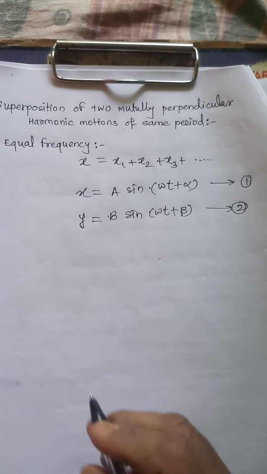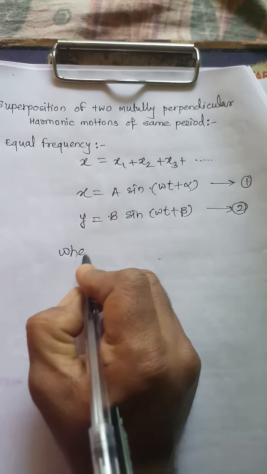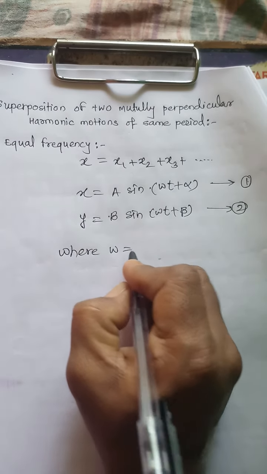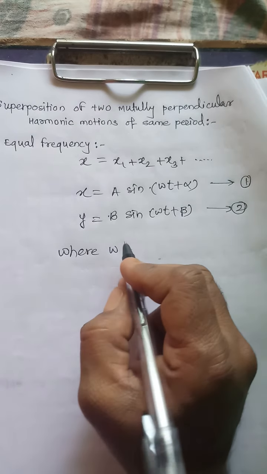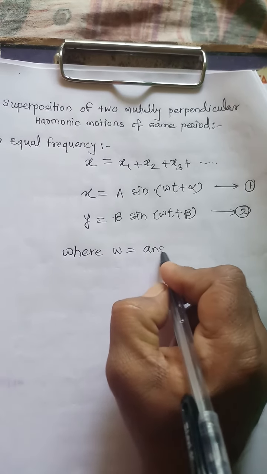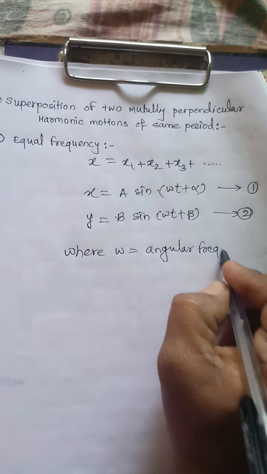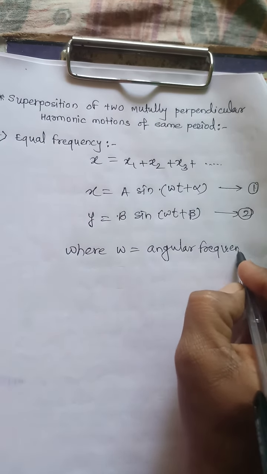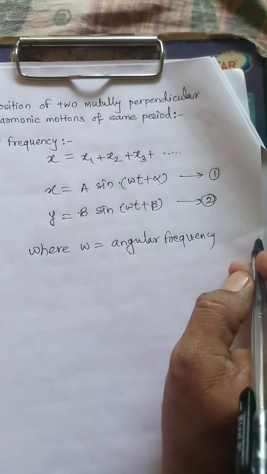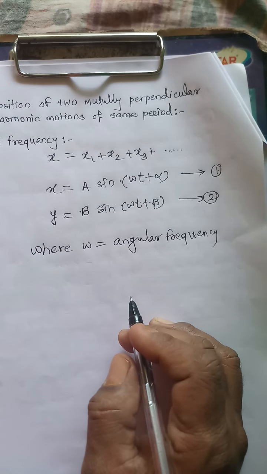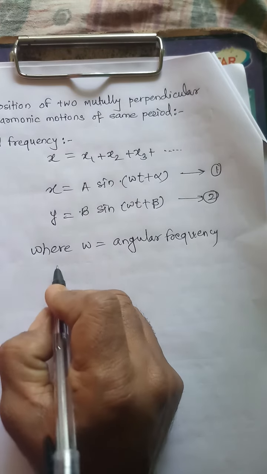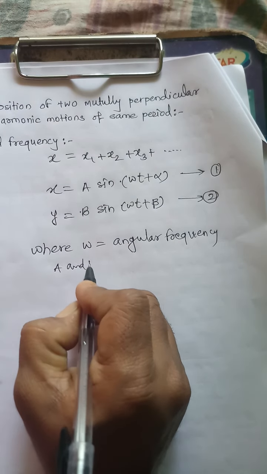where omega, what is omega? Small omega is the angular frequency. And A and B, what are A and B?